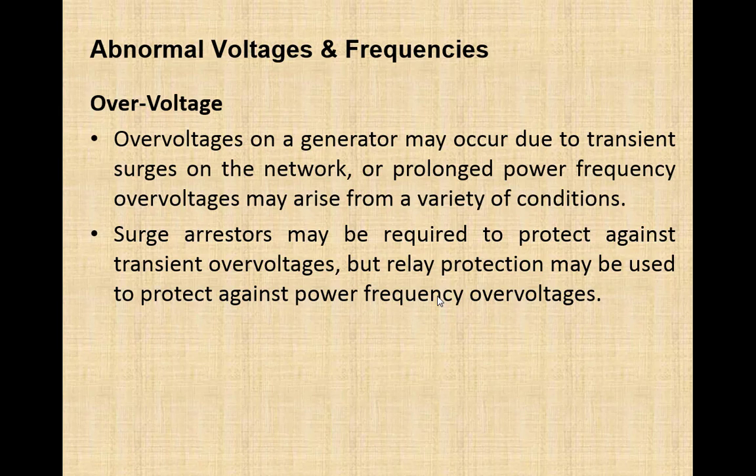So in case of these transient voltages, those transients will be absorbed by these surge arresters. And for over voltage at fundamental frequency or power frequency, this type of over voltage requires relays to detect the problem and to take the action.